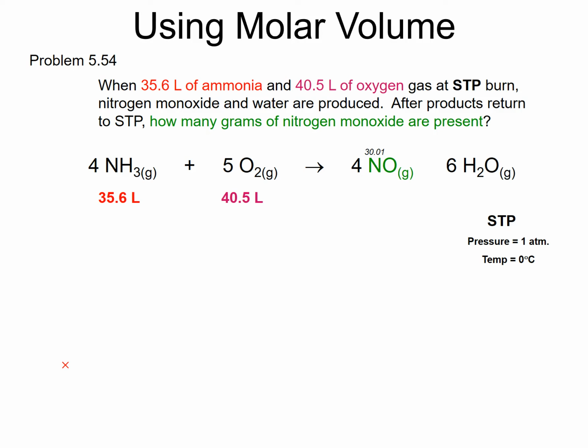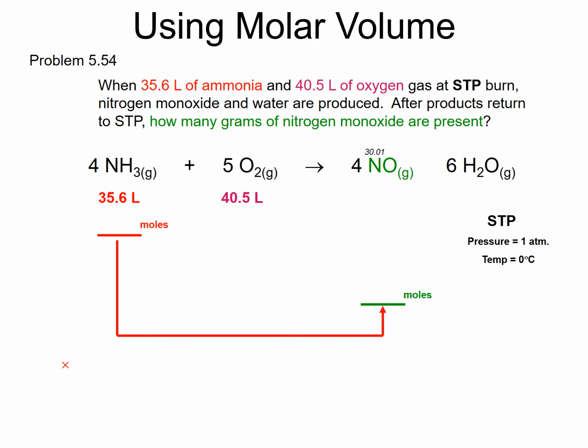And this is indeed the case here. We have an amount of gas, it's liters, but we can deal with that, for NH3. We have an amount of gas for the other reactant, for the O2, and that's 40.5 liters. We know something about both of the reactants. It's quite likely that it's going to be a limiting and excess kind of problem.